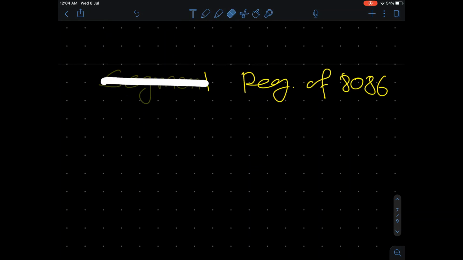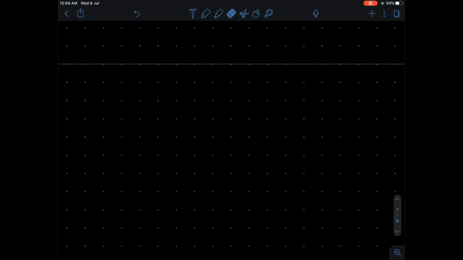Now, what is this concept of memory segmentation?